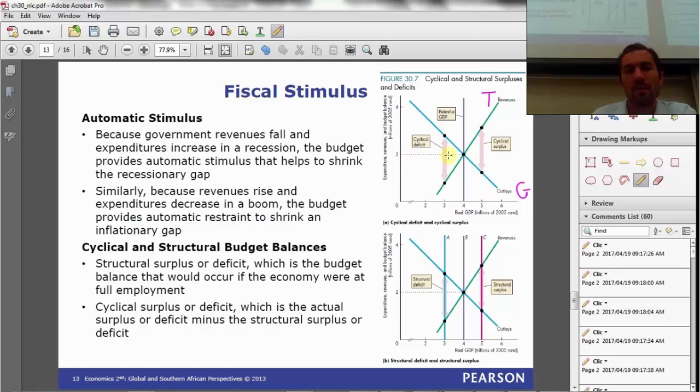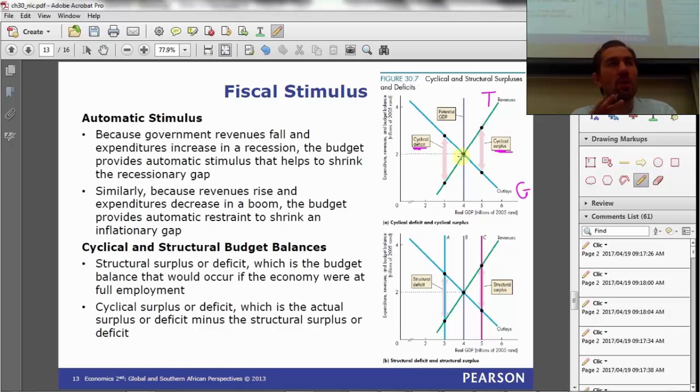Right, so as GDP goes up, revenues go up. As GDP goes up, outlays go down. So what's interesting here is a change in GDP can lead to either a deficit or a surplus, even though government does not make any changes to its fiscal policy, right?